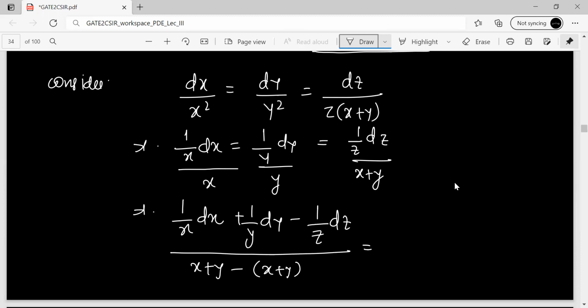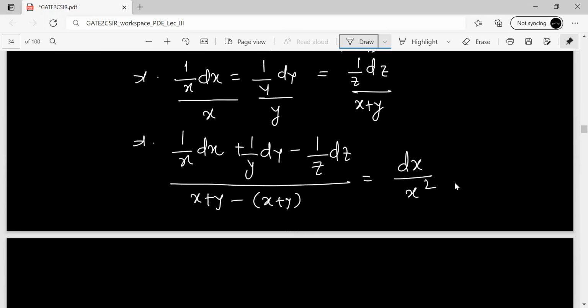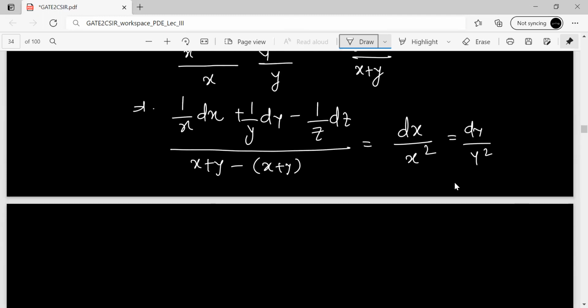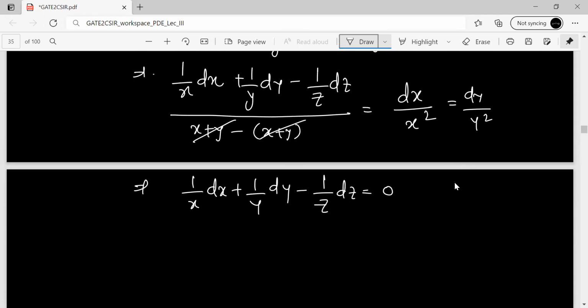This thing will be equal to any of the fractions, so we don't have to worry. You can write down any. You can even write down this dy over y square. No one is going to kill you. And now this part will become 0. So this implies this numerator has to be 0. Now you can simply integrate.